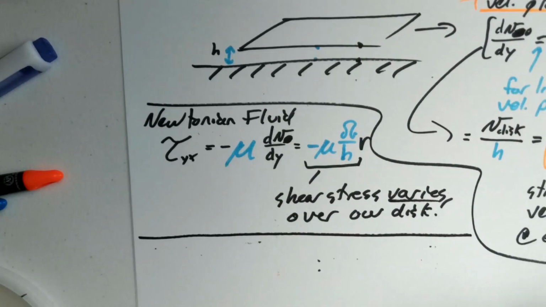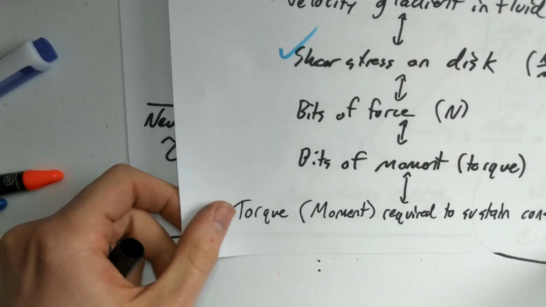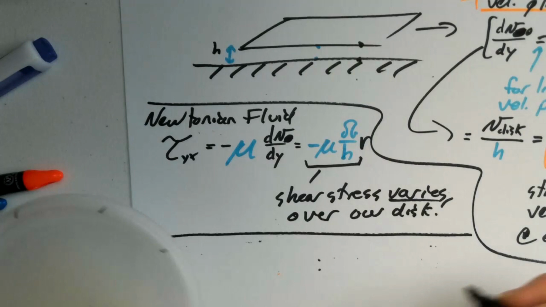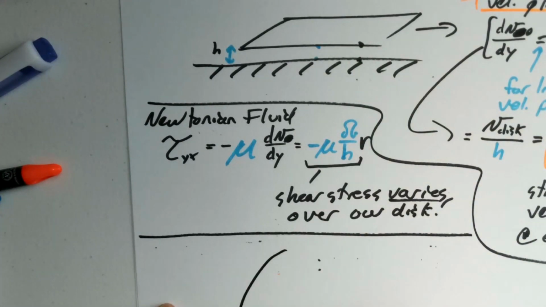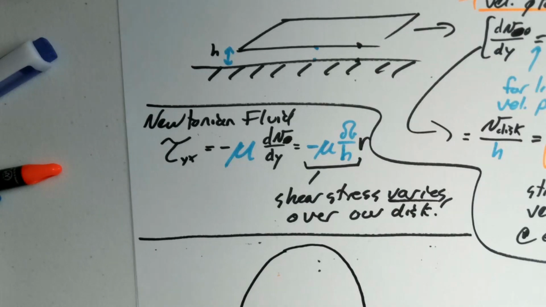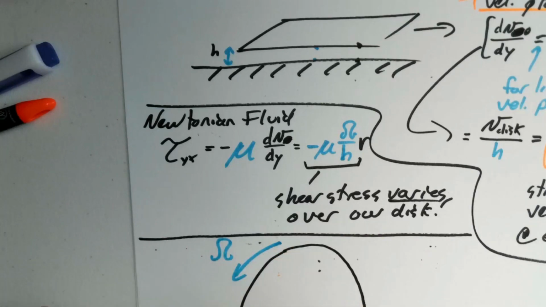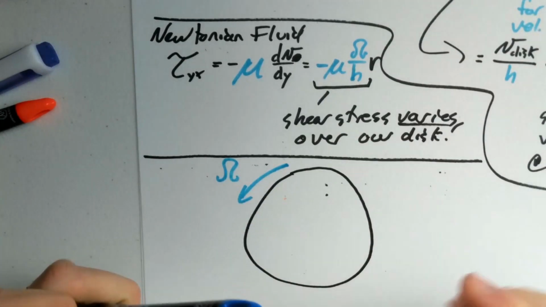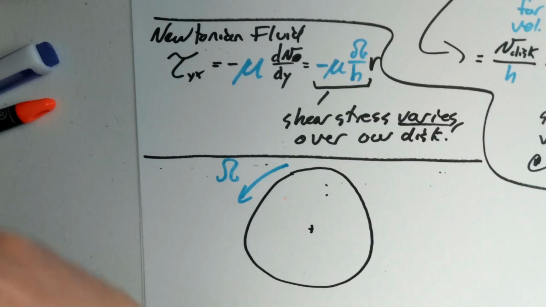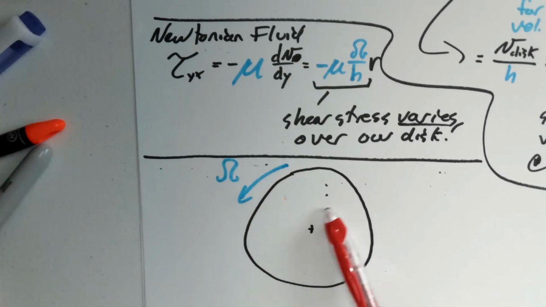Well, ultimately what we're shooting for is the overall moment required to sustain this constant rotation rate. So if I think about my disk here, I'm just going to draw a top view of that disk. And if my disk is rotating with this rotation rate, capital Omega, about my point here, we have shear stress that's acting on this disk.